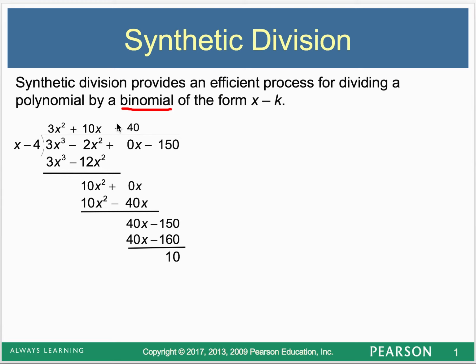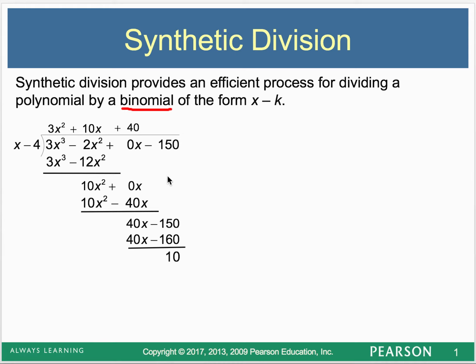So here's a typical division process of a cubic polynomial being divided by a binomial. It's just like long division. With synthetic division, notice how a lot of these numbers are duplicated, and we have to keep our columns all straight. These are all x squared, these are all x cubed, these are all x's.